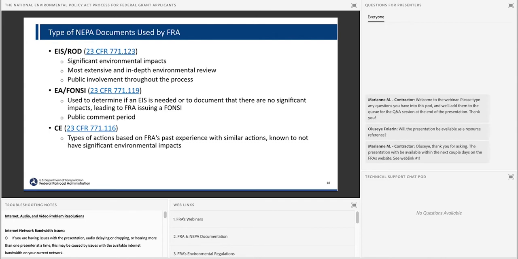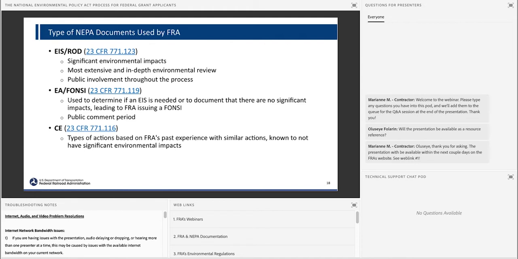So a little bit more about these 3 document types. As I mentioned, most folks are familiar when they hear about NEPA with very large EISs. Those tend to be the environmental review processes and documents associated with our most complex projects that have the most extensive, in-depth environmental reviews.